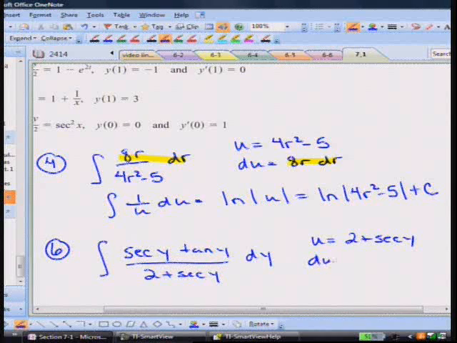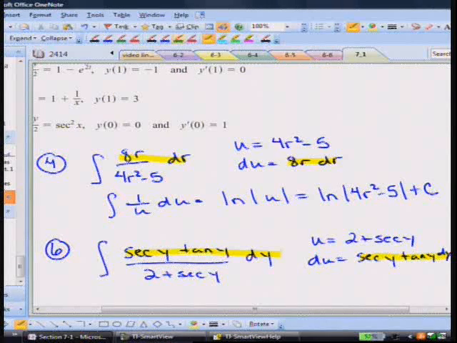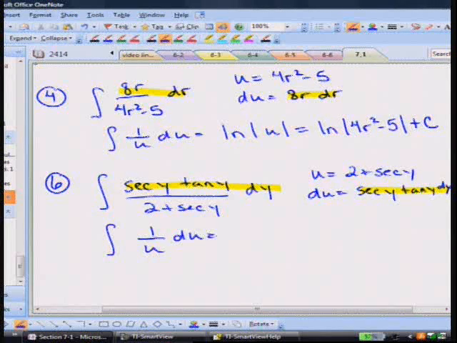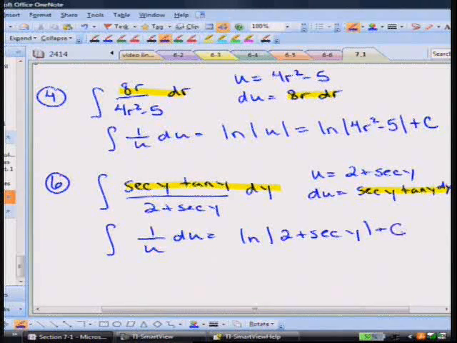And the derivative of 2 is 0. Derivative of secant y is secant y tangent y dy, which is exactly what we need. So we're going to get 1 over u du, which is just going to be the ln of the absolute value of 2 plus secant y plus c. Okay?